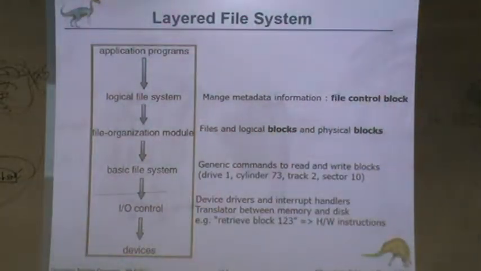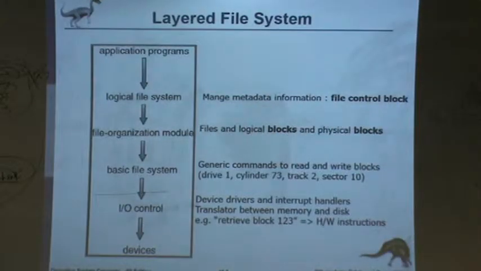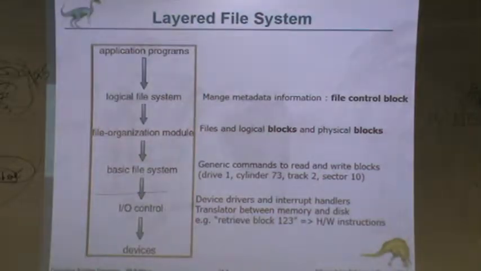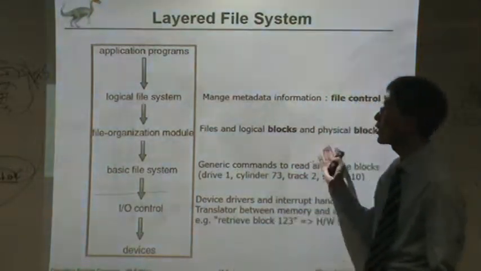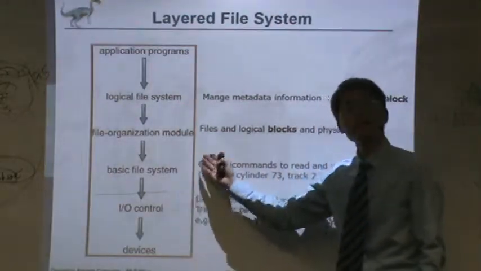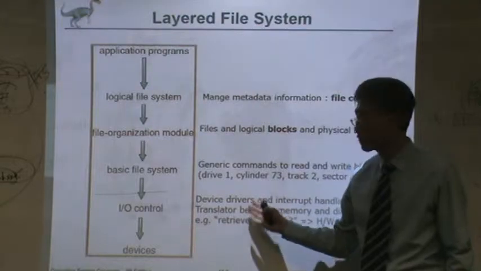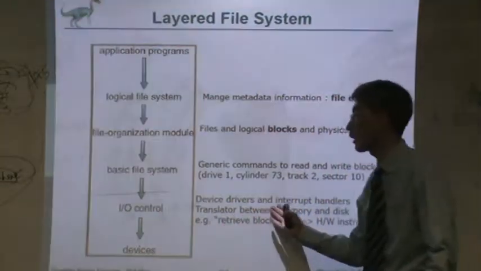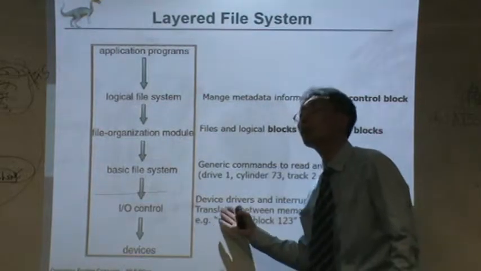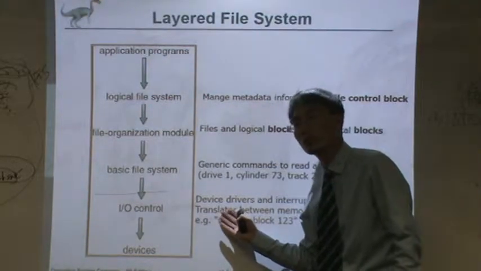Why do we need such different layers of the file system? It is a kind of modularity, which means we can implement the application program without considering the lower layers. Sometimes we can implement a basic file system using the I/O controller information. Also, if you want, you can develop a device program or I/O controller program.